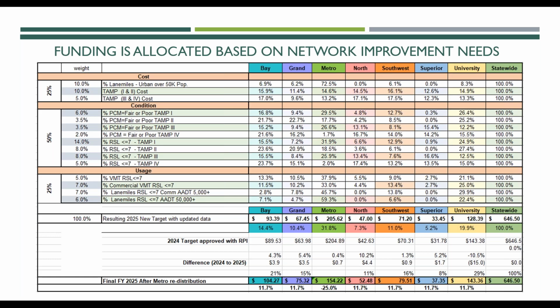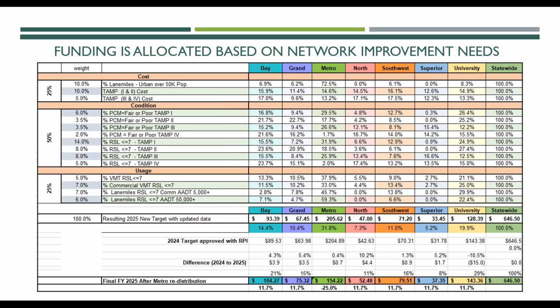If you see in the column under condition, you'll see TAMP 1, TAMP 2, TAMP 3, TAMP 4. Those are shorthand for identifying that we want a certain percentage of the funding to go to certain regions that have a certain amount of pavement that, in the instance of TAMP Tier 1, is on the interstate.